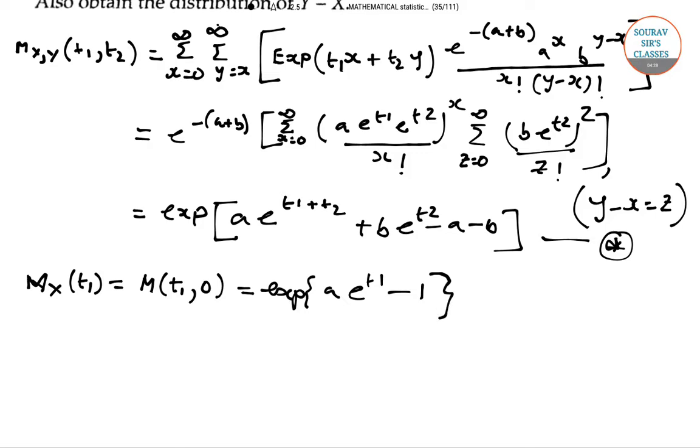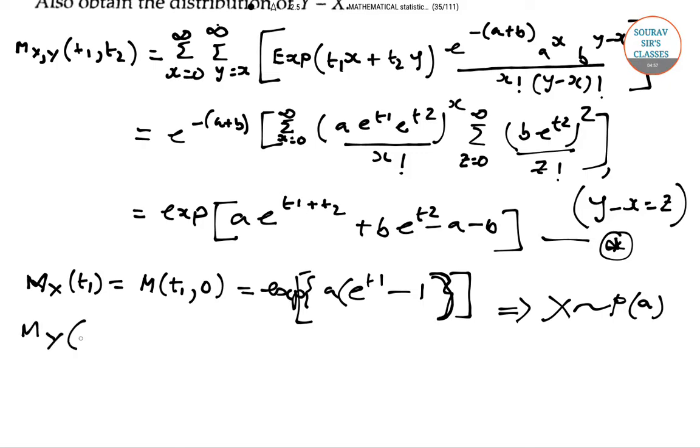So we can write it this way, and from here we can say x tends to Poisson with parameter a.